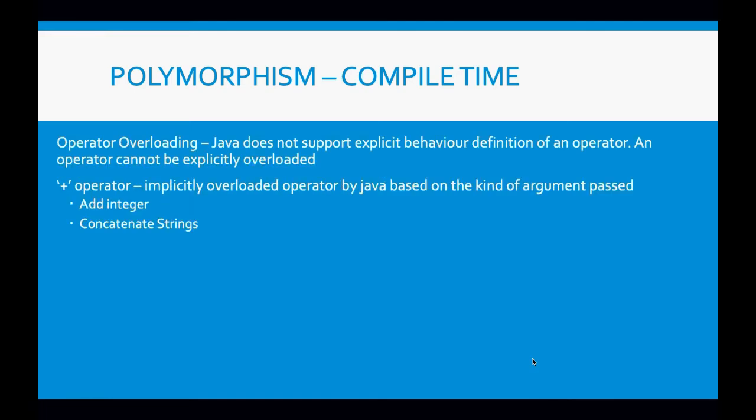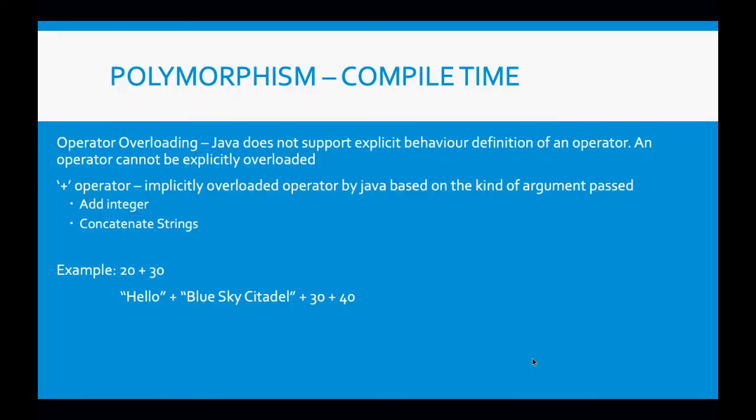So the other type of overloading is operator overloading, and this is not really something you can do because you cannot explicitly define what you want an operator in Java to do, because Java doesn't support it, so it cannot be explicitly overloaded.